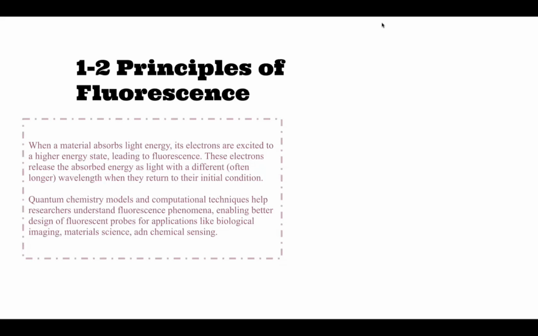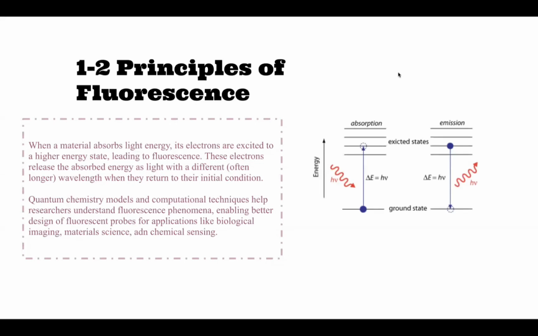Principles of fluorescence. Fluorescence unfolds in a series of absorbing, exciting, and emitting light. When certain materials encounter light, they absorb photons at precise wavelengths, causing electrons to enter a state of temporary excitement, rising to higher energy levels. As these excited electrons return to their lower energy states, something remarkable happens.